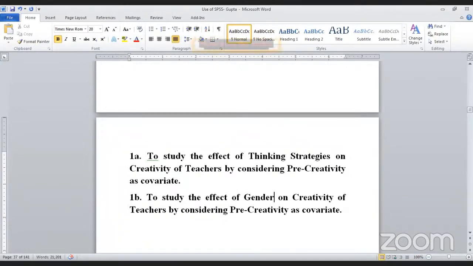One discontinuous variable is thinking strategies and another discontinuous variable is gender.